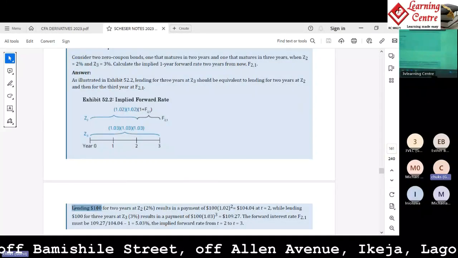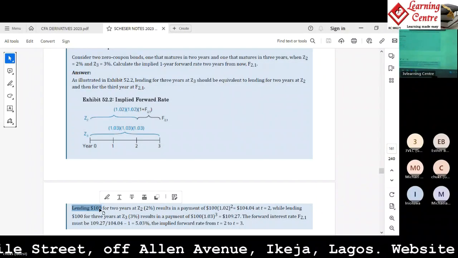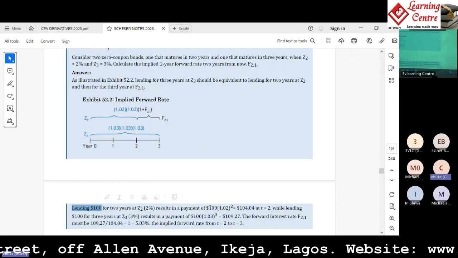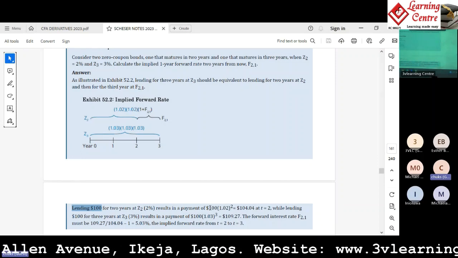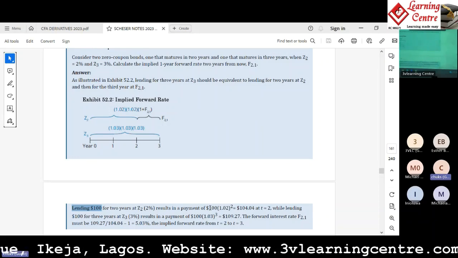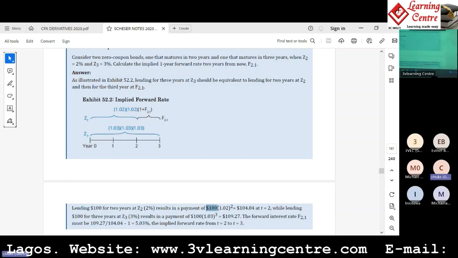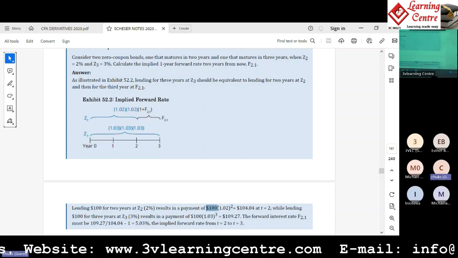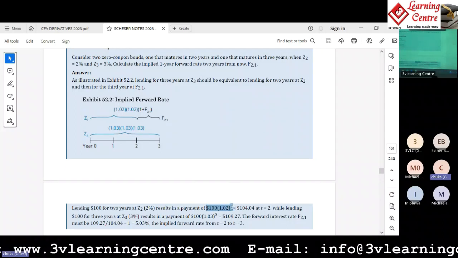So lending $100 for 2 years is 100, which is the same formula if you are calculating future value. So present value times 1 plus R raised to power N. I'm sure you guys should be aware of that formula. So this is 100 for 2 years, 1 plus R, the rate is 2%, raised to power 2.